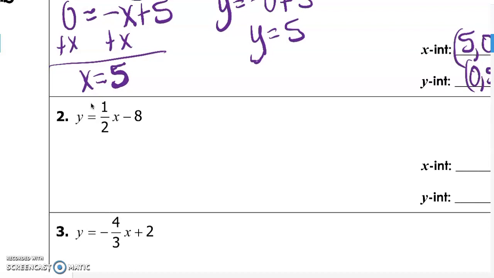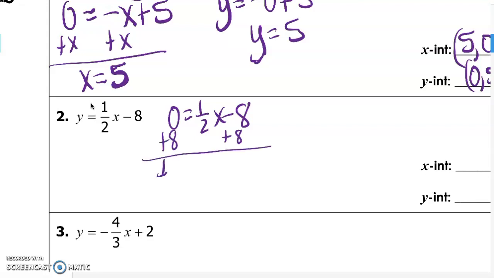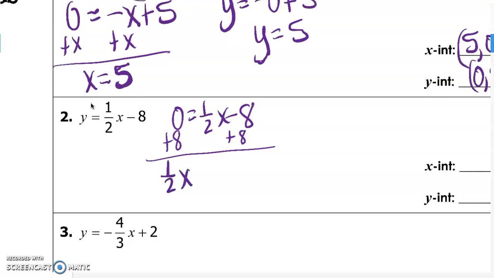Number 2, we would do 0 equals 1/2 x minus 8. So then we add 8 to both sides. Notice I'm flipping it around. 1/2 x equals 8. To get rid of your fraction, remember you multiply it by the reciprocal, so that's 2.